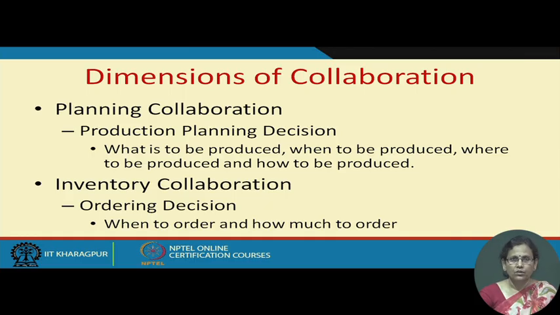Then the second level of collaboration is at the inventory level. It is about taking help of your partner while taking ordering decisions, when to order and how much to order.